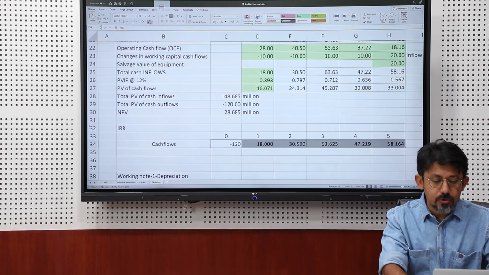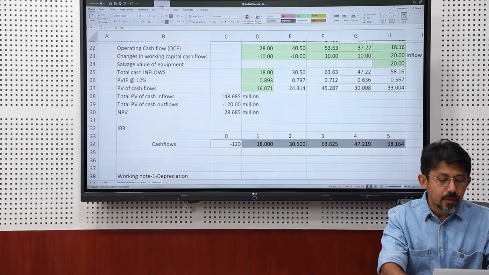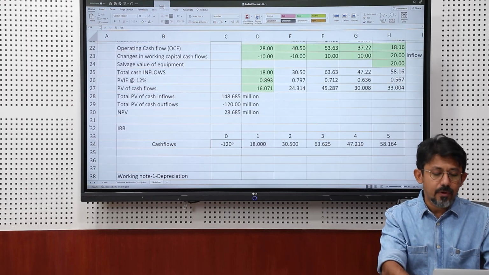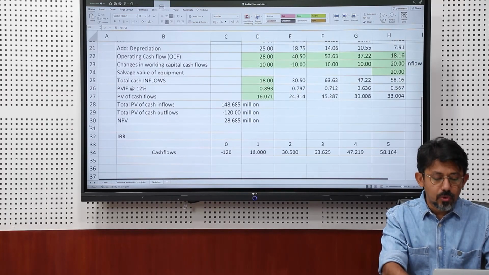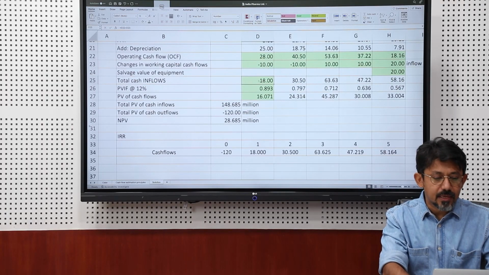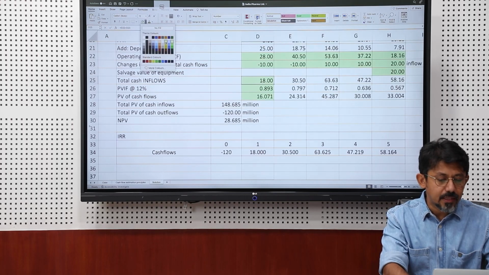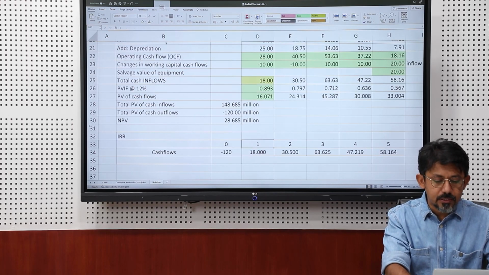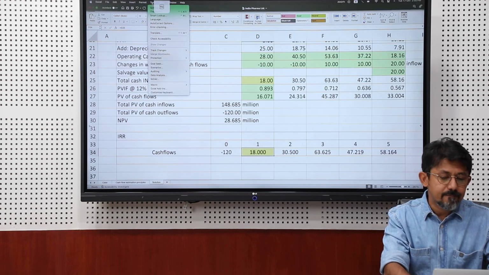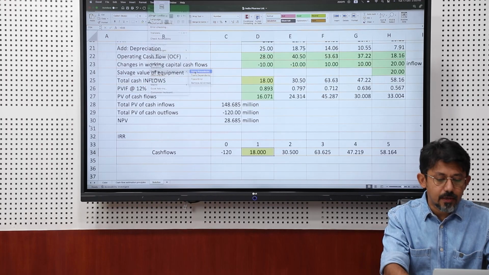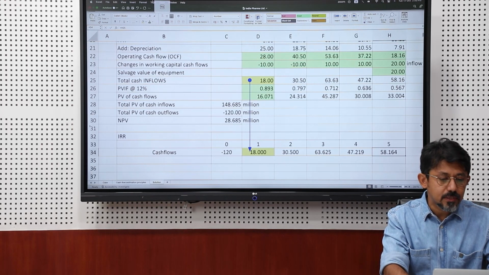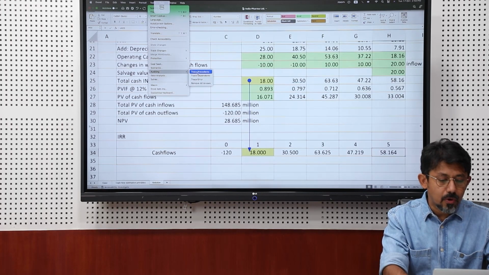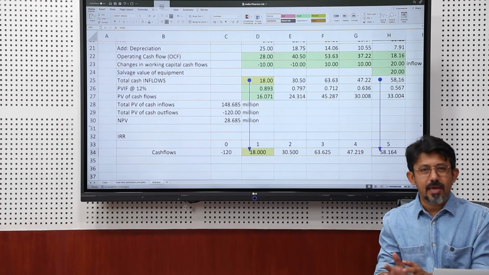Cash flows are as follows: year 0 is 120 negative, which is from step 1 over here, and year 1 is 18, that is the cash flow. Let me just highlight it in another color. So, 18 gets reproduced over here, it is the same. The cell linkage is also very clear, that is where it comes from, and 58.16 for the last year also is from the same cash flow calculation.